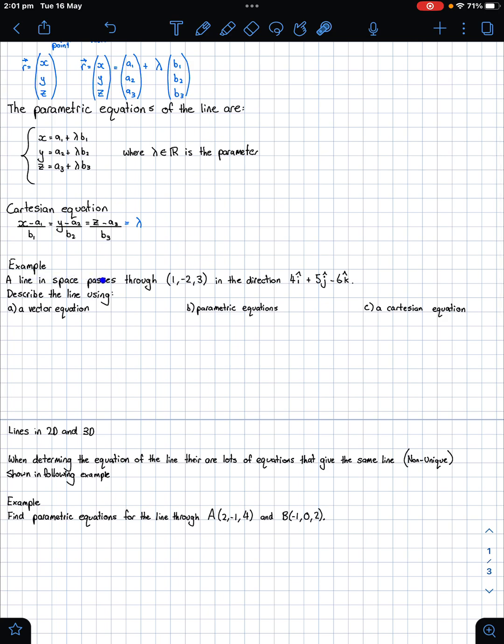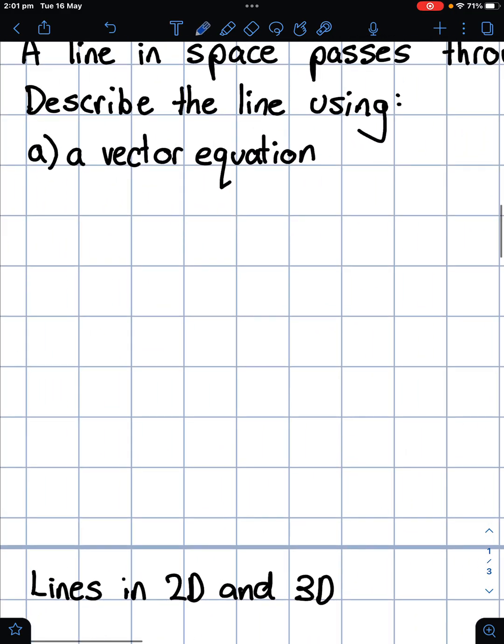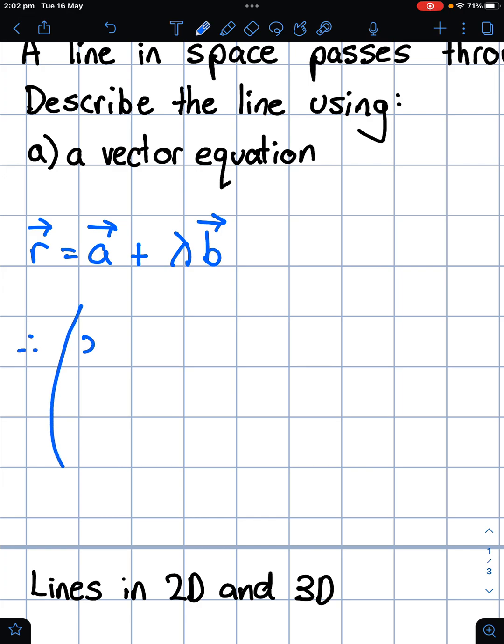A line in space passes through this coordinate in the direction 4 plus 5 minus 6. Describe the line using a vector equation. What we've got here is our vector R is going to be equal to A, our fixed point, plus lambda times our B vector. So this will become X, Y, Z, and that would equal our fixed point.